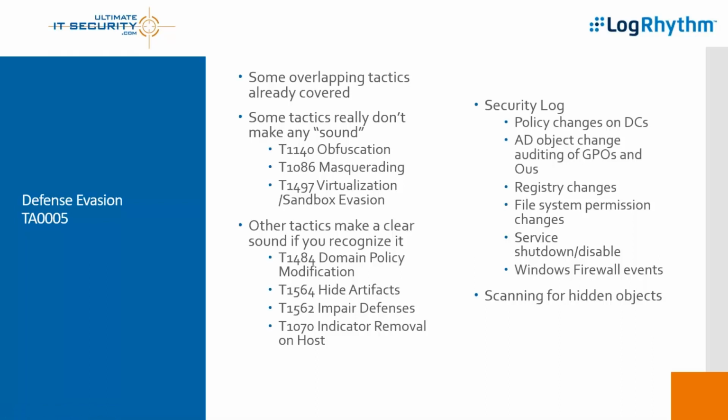Now, your more sophisticated attackers are aware that you are trying to detect them, and so they try to evade your defensive techniques. Now, again, we've got a number of overlapping tactics that we've already covered. We also have some tactics under defensive evasion which are very silent. For instance, that would be obfuscation, which includes encoding files.